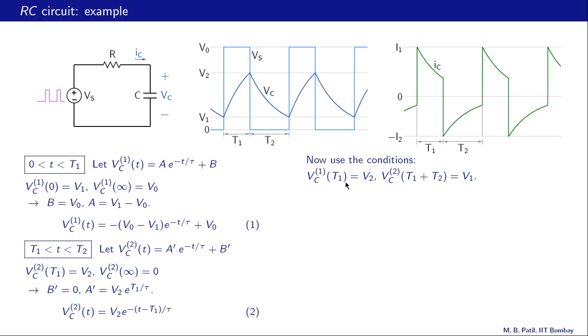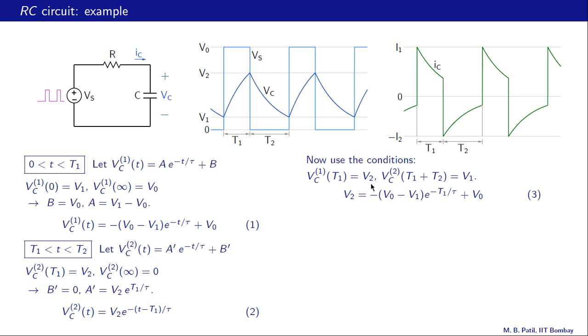So that is the first condition over here. Second condition, Vc in the T2 phase at t1 plus t2 is equal to V1. This is our Vc in the T2 phase, and t1 plus t2 is this point here. So what this equation says is that this Vc at t equal to t1 plus t2 is equal to V1.